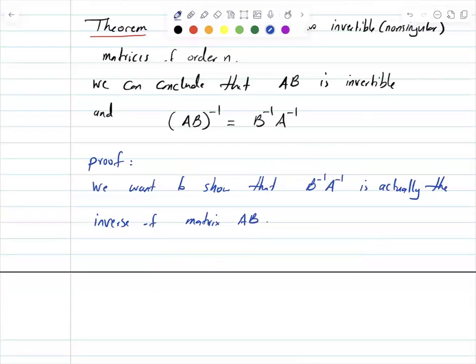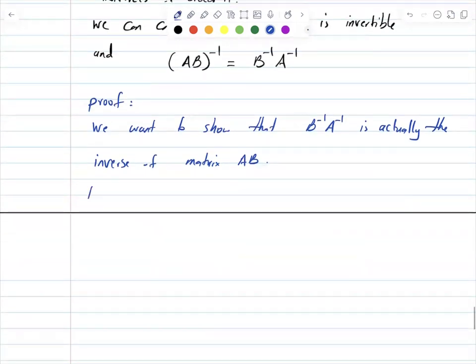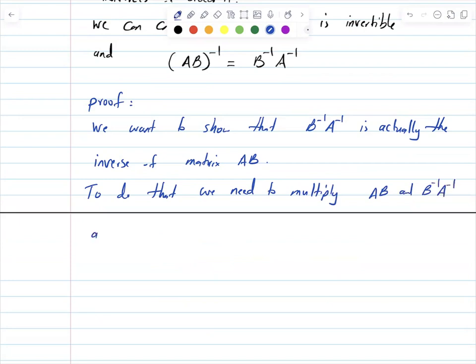We need to multiply these together and show that the product is equal to the identity matrix. To do that, we need to multiply AB and B inverse times A inverse and show that this product is actually the identity matrix.